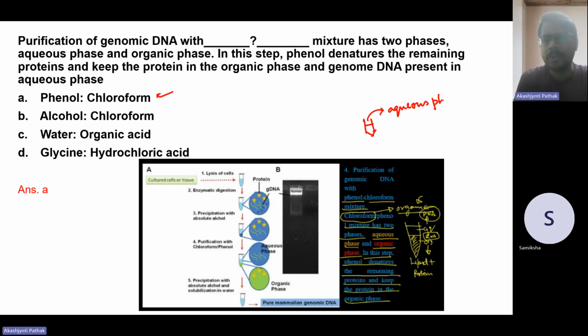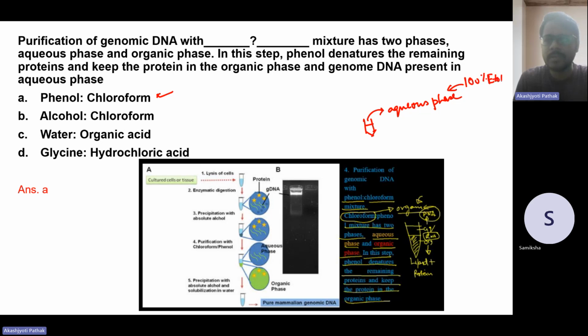Then, because this aqueous phase will now have both chloroform and phenol, you do not want your DNA to be contaminated with phenol chloroform. If you take a reading of DNA having phenol, it will give a very high reading, because phenol also absorbs at 260 nanometer. So once you isolate the aqueous phase, you again ethanol precipitate it, using 100% ethanol.